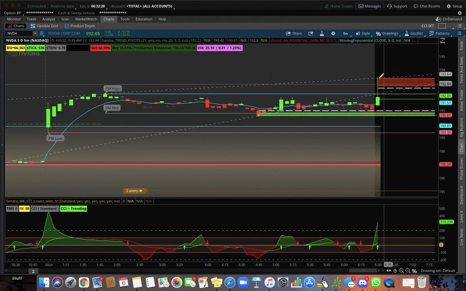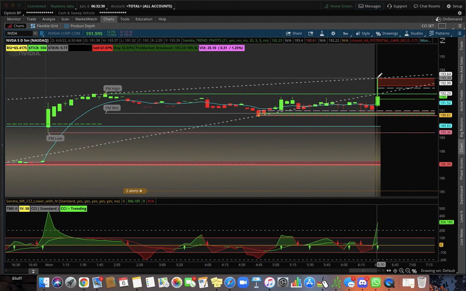And this is exactly what I meant. It popped up, went through our zone and comes right back down. That's really why we wait 5 minutes. You can even wait more than that if you recognize that there's a lot of volatility in the market.